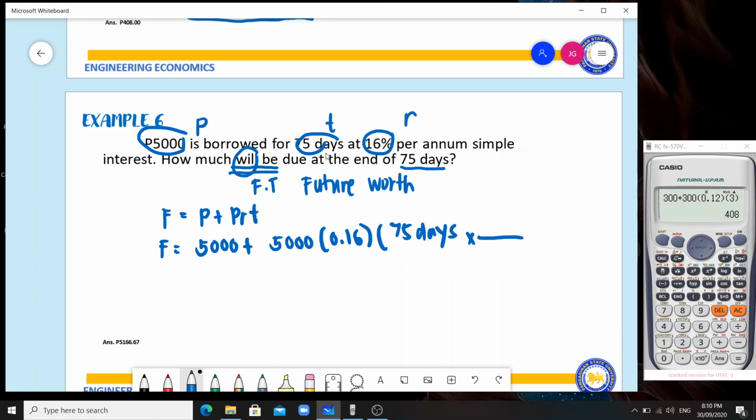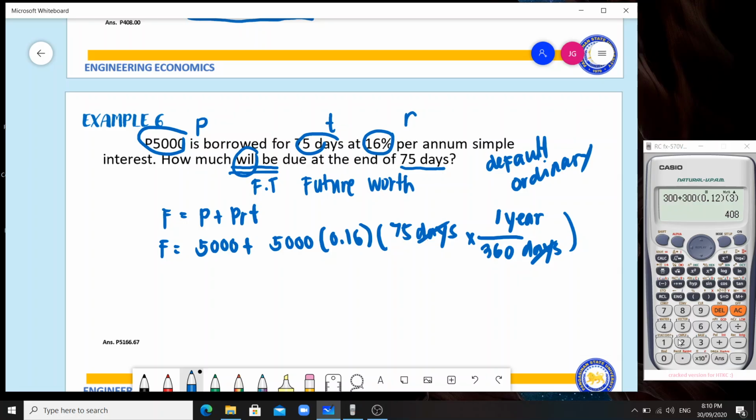Guys, kung mapapansin nyo, wala ring sinabing ordinary or exact. So, anong automatic? 360. Kapag walang sinabing exact or ordinary, ang default niya ay ordinary. Simple interest. So, ito ay 360 in a year. So, magka-cancel siya.